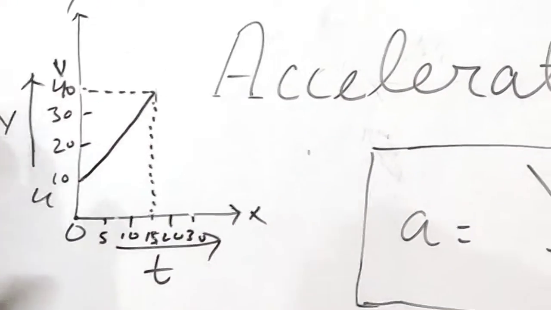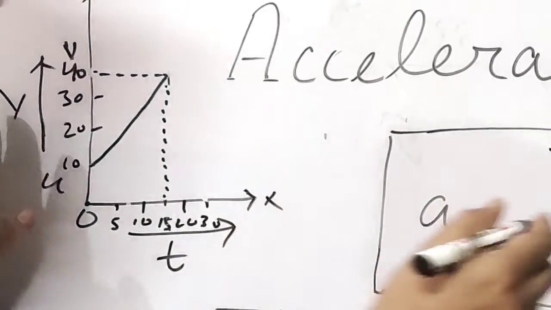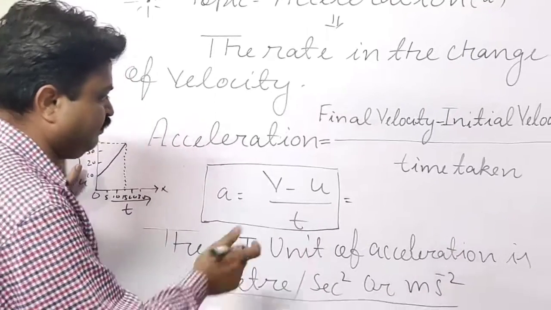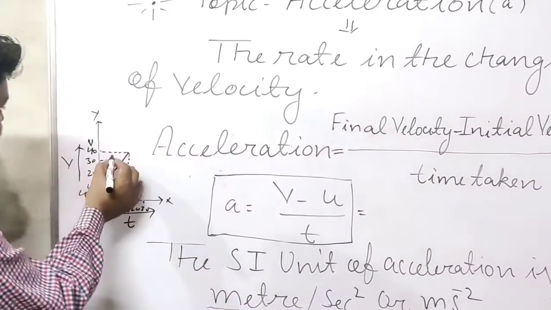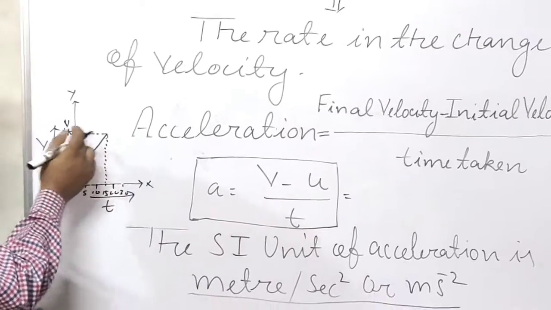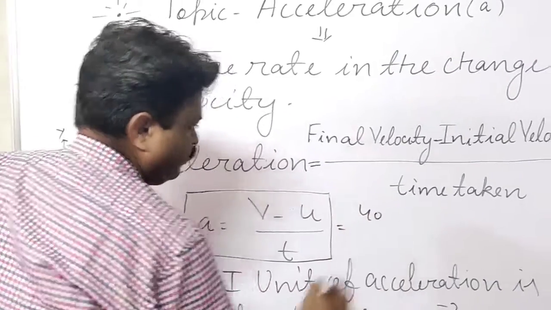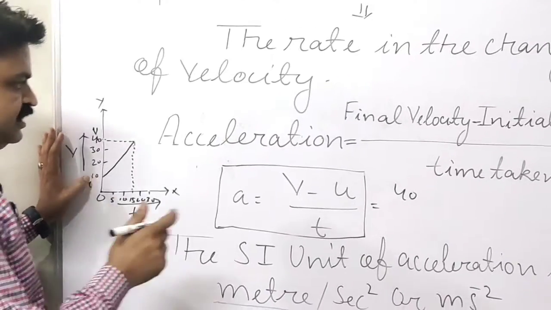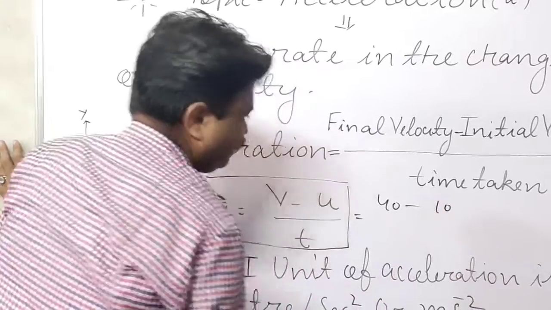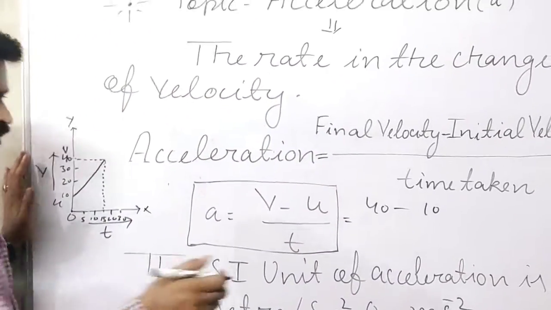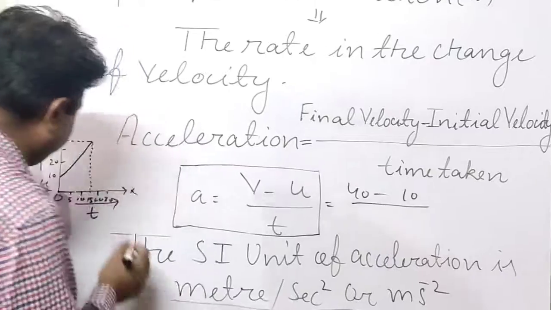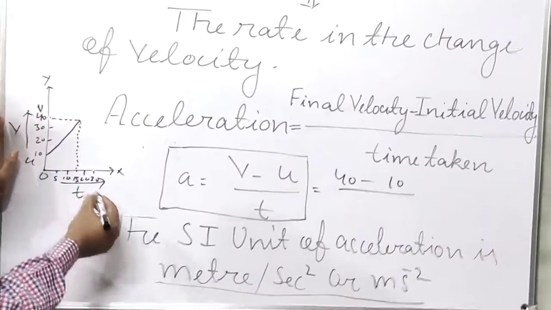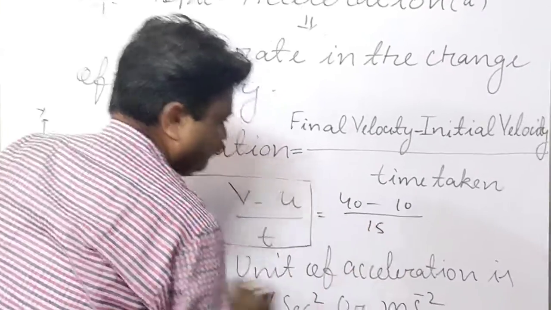Now we can calculate it, student, with the help of this formula. What is V here? It is 40, meaning 40 is the final velocity, so you write 40 here. This 10 is the initial velocity, so you write 10 here. The total time taken is 15 seconds, so we write 15 here.